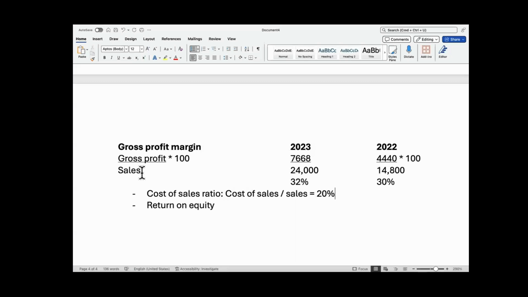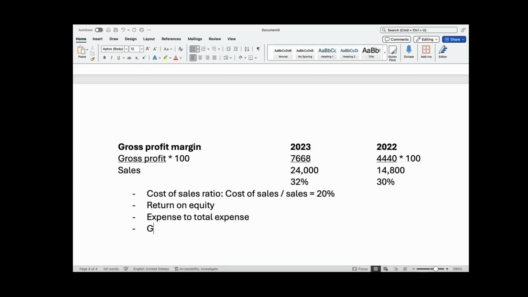Another profitability ratio could be expense to total expense ratio, which could give you a particular expense on the total expense.